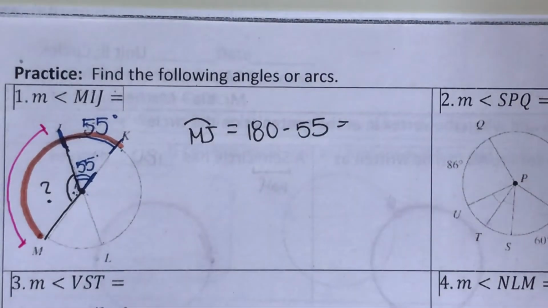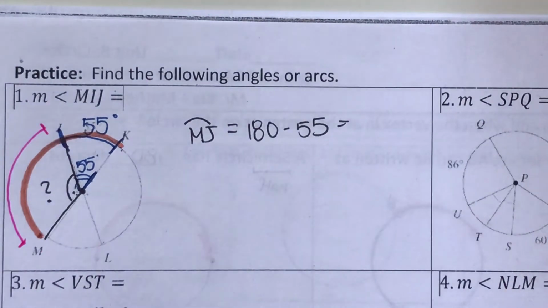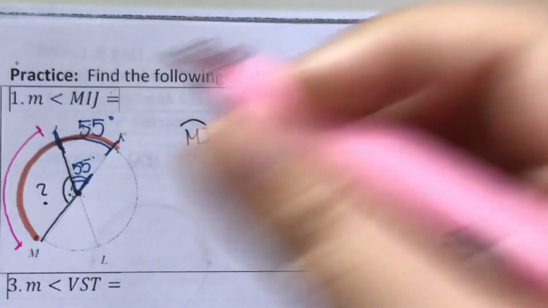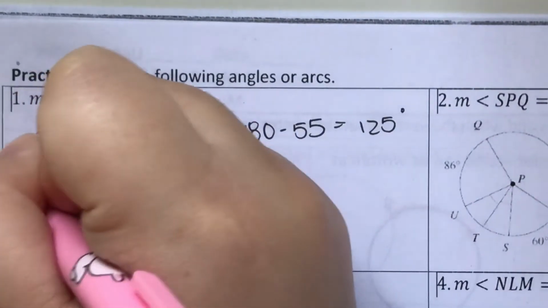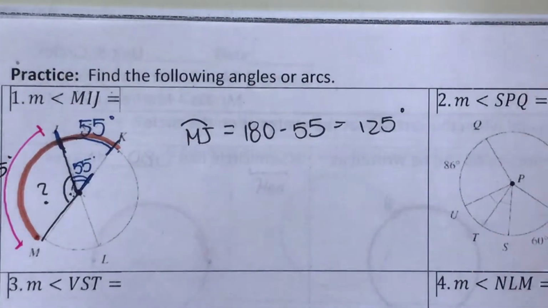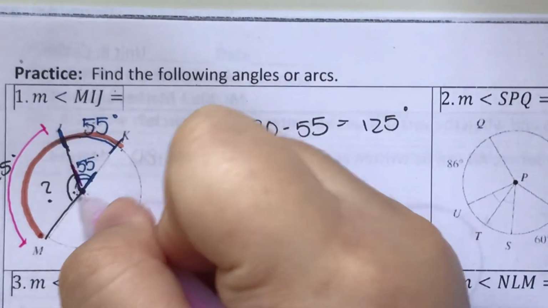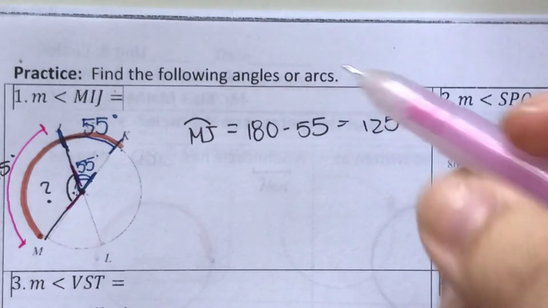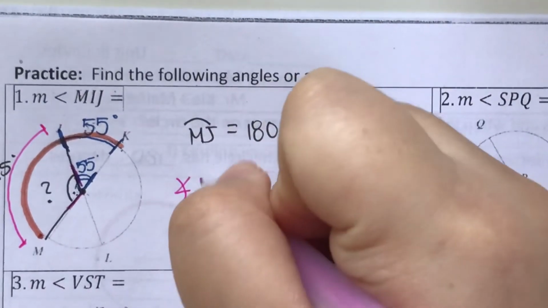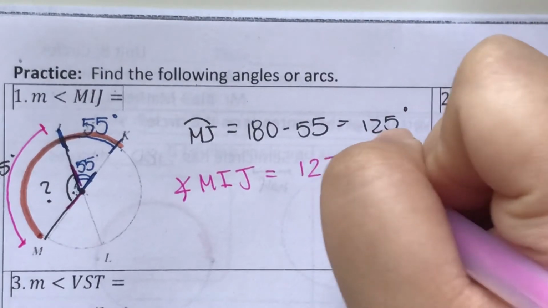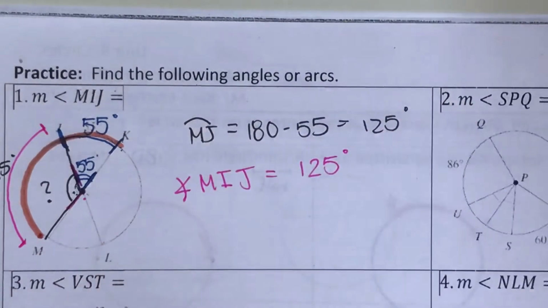Use our calculator. 180 minus 55 should be 125. So this arc right here is 125 degrees. Now, the central angle, which is the angle that we're looking at, MIJ, should also be equal to 125 degrees because it's a central angle.